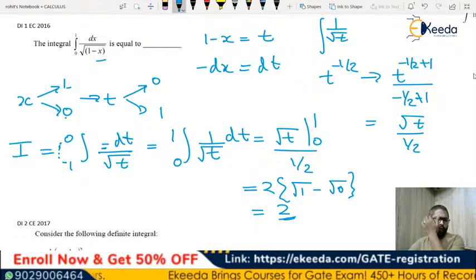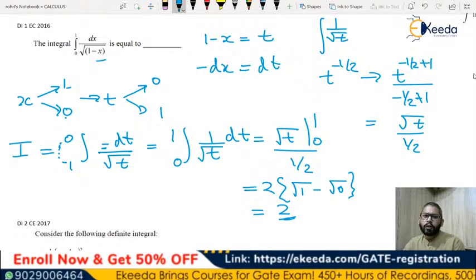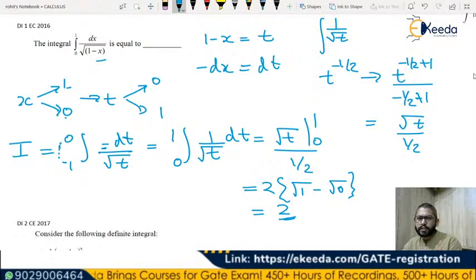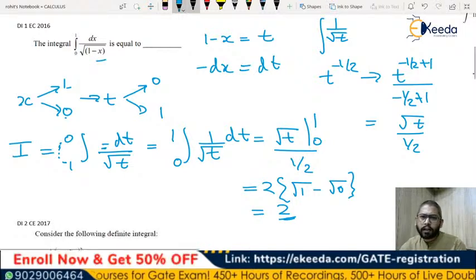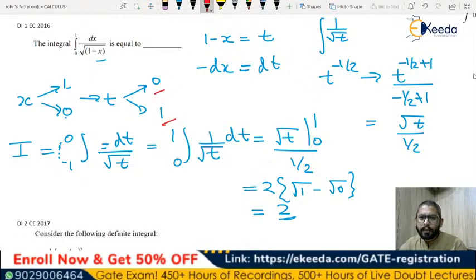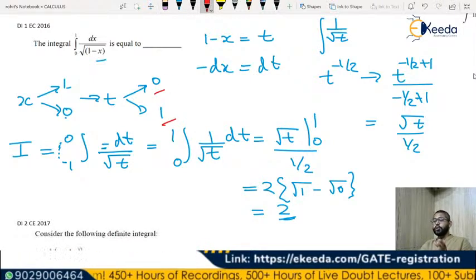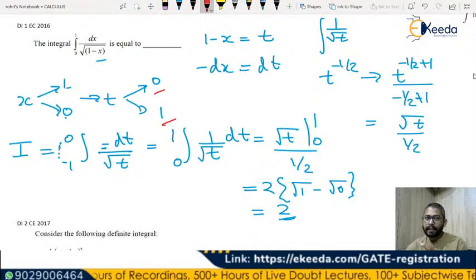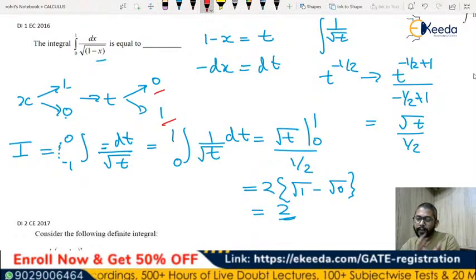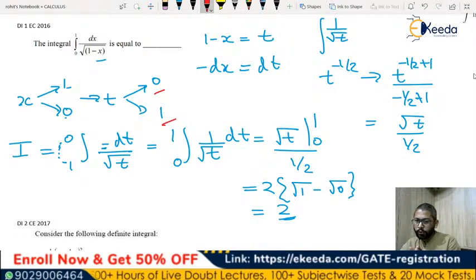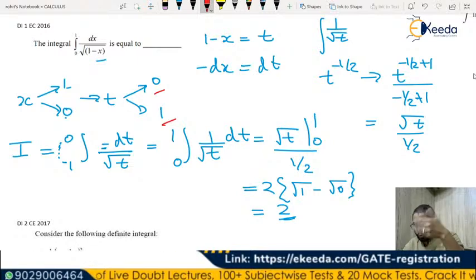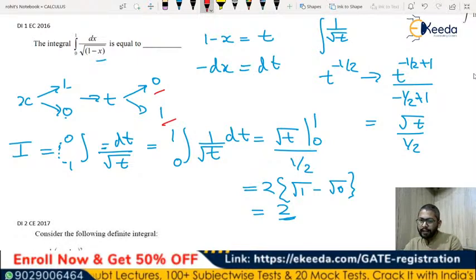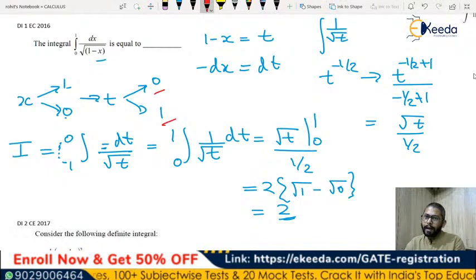So did you see that with the change of terms, like 1 minus x was taken as t, the limits will also change. But in case you have any confusion in the change of the limits, like instead of 0 to 1 it became 1 to 0, one thing you can do is do the entire indefinite integration and substitute t back with 1 minus x.